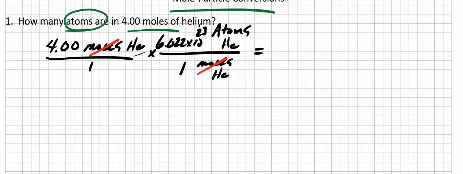Make sure you know how to enter 6.022 times 10 to the 23rd. If you don't know, ask me or ask a neighbor. But you have to know how to enter this into the calculator in order to multiply it by the 4. And so what I get is 2.41 times 10 to the 24th.